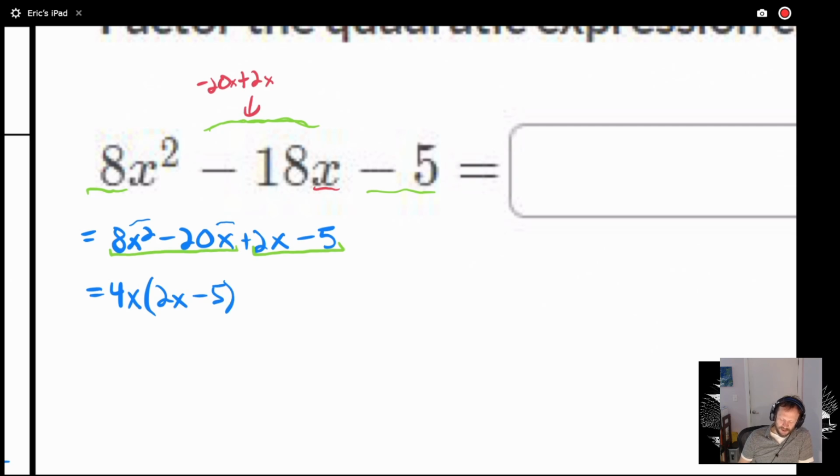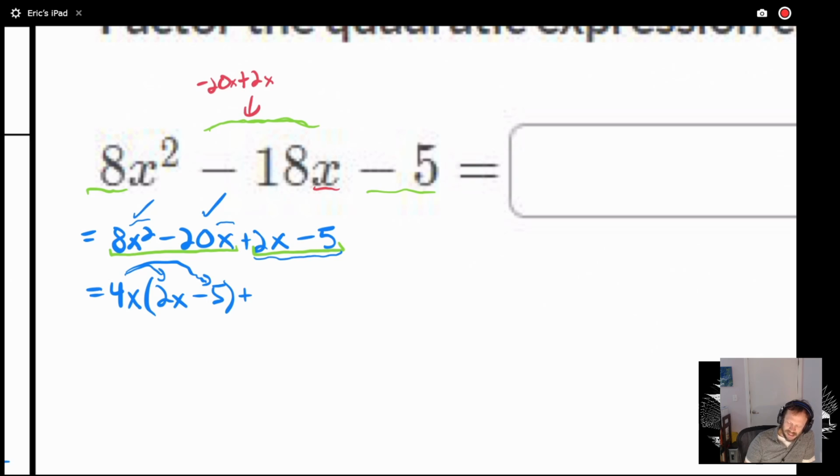And how do I confirm that? I just immediately distribute the 4x in my head to undo that distributive property application. 4x times 2x, 8x squared, it checks out. 4x times negative 5, negative 20x, it checks out. I successfully factored. Now I look over here, and you might notice already this 2x minus 5.